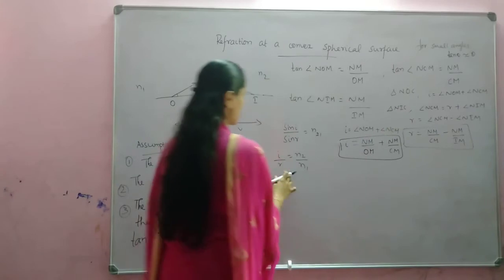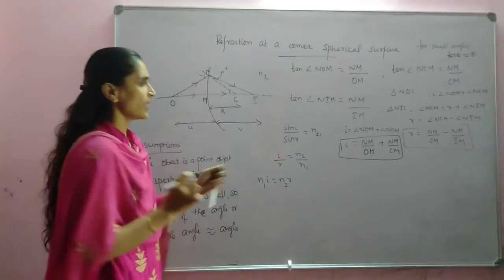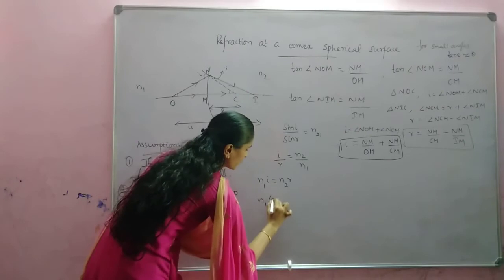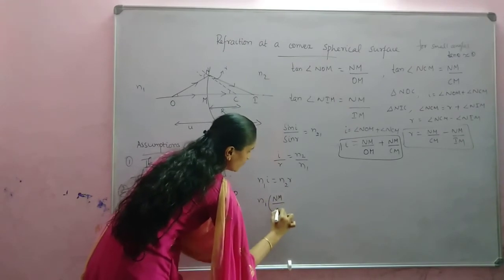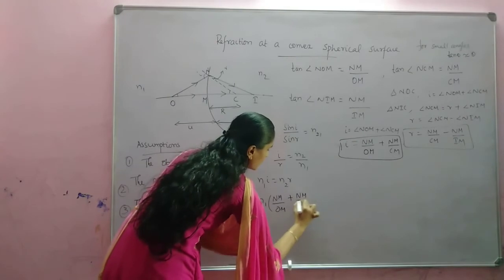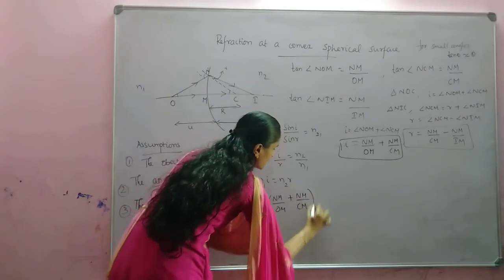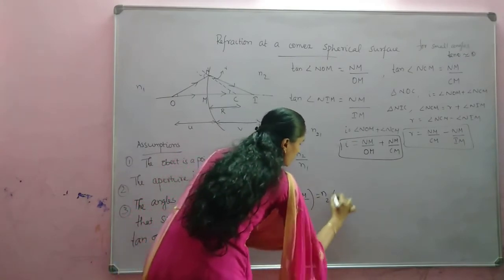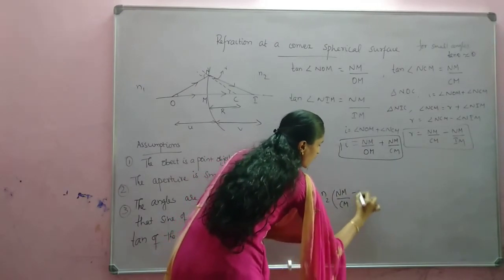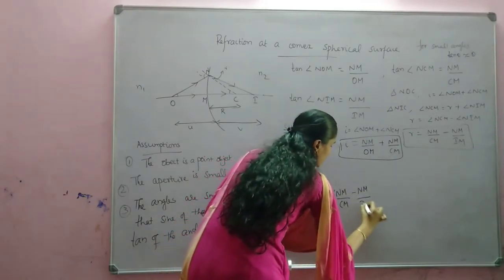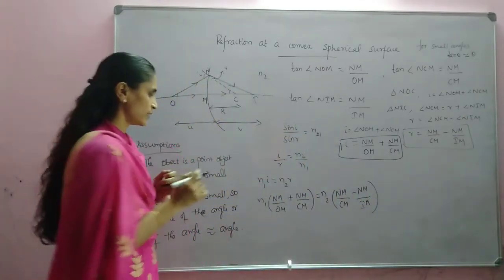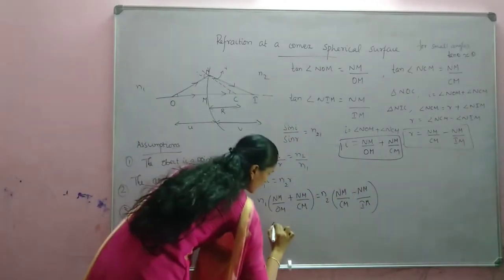So that we can substitute here. N1 into, what is I? NM by OM plus NM by CM is equal to N2 into NM by CM minus NM by IM. So NM can be cancelled. What you will get?